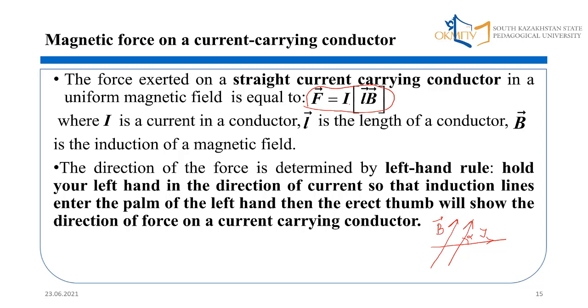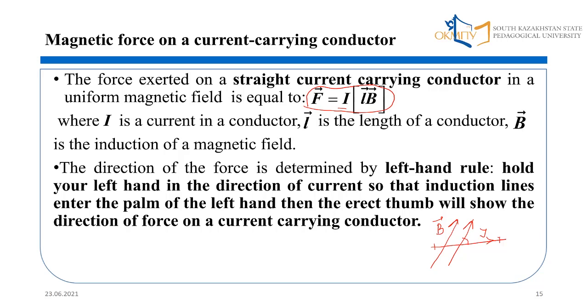Here I is the current through the conductor, L is the length of the conductor, and B is the magnetic field. The direction of the force is determined by the left-hand rule.